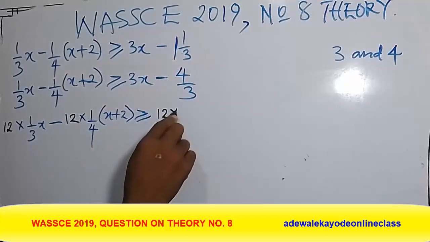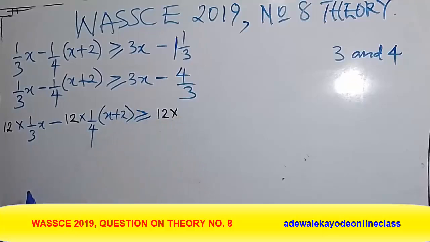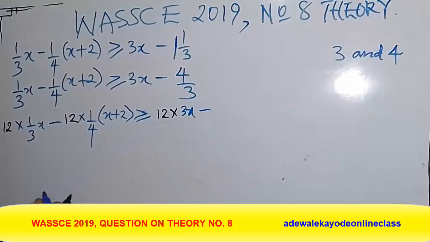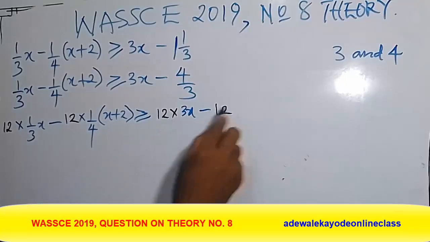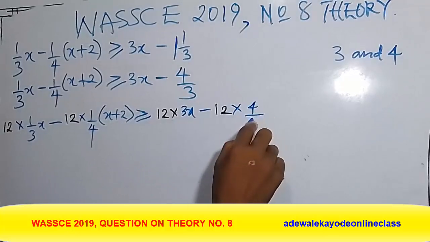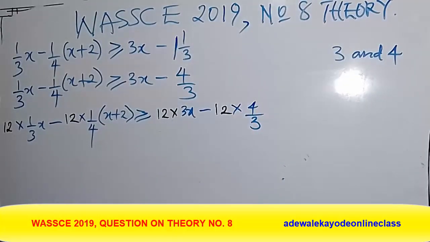So we are going to multiply this again by 12, by this 3x minus this last one too. We are going to multiply that, since we have said we are to multiply through by 12.